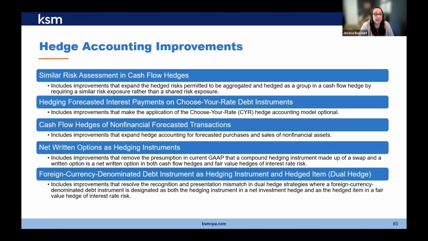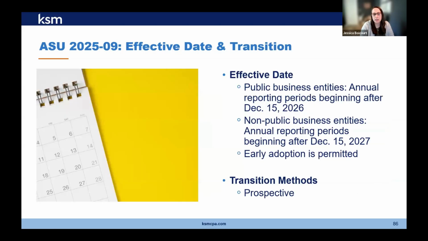I'm not going to walk through the details of this, but you'll get this in the slides. If you do engage in hedging transactions, you can look at these issues and see if they apply to you for this ASU. But there's the 5 different issues that the FASB looked at when putting out this new ASU.